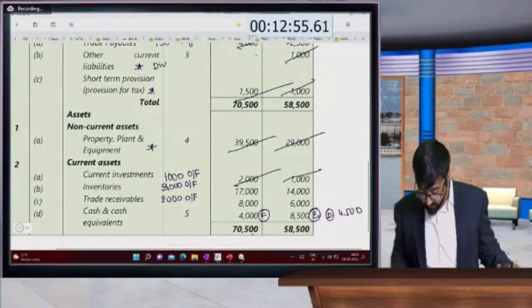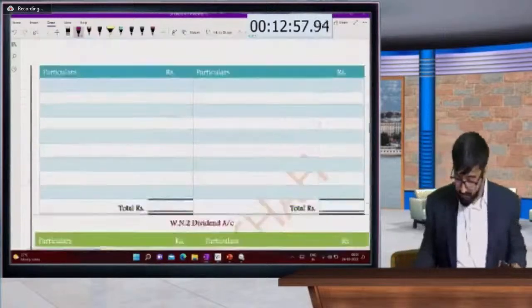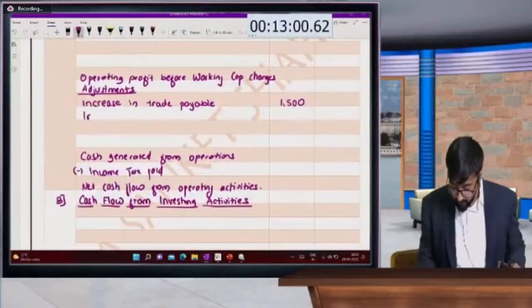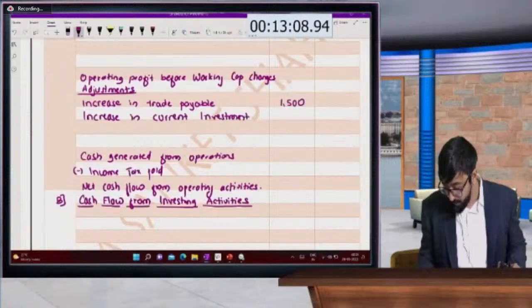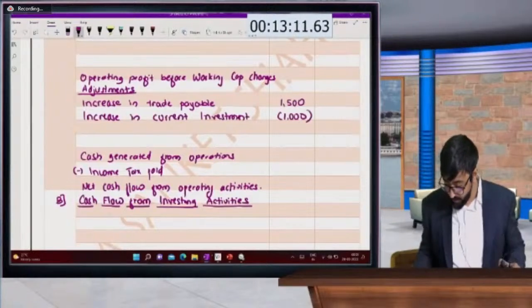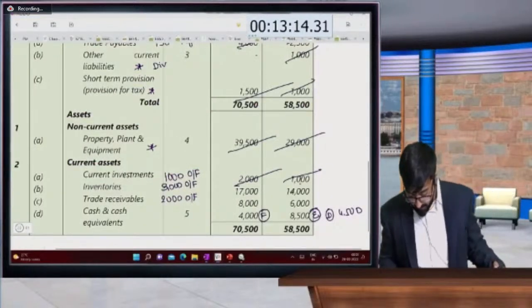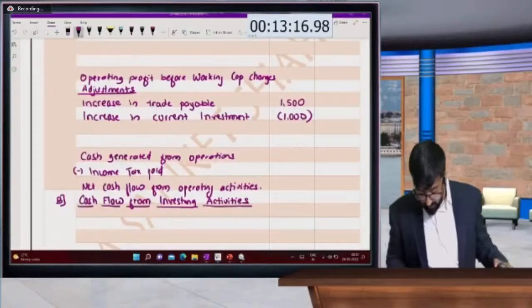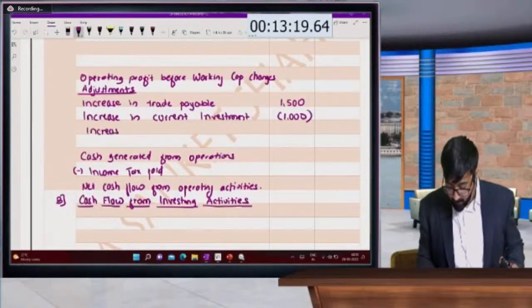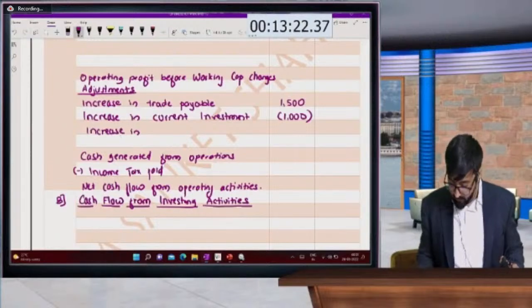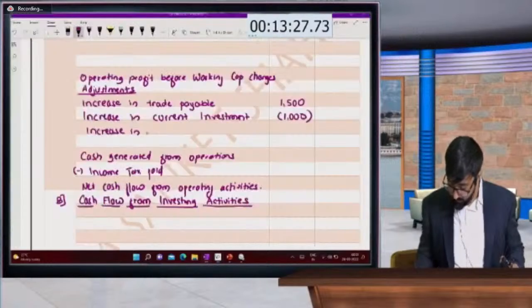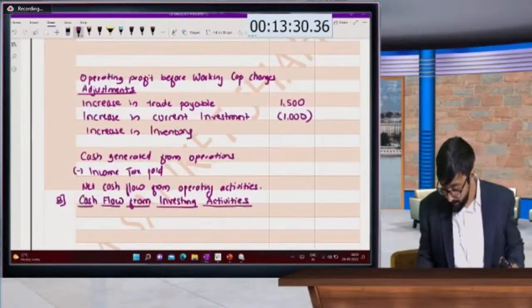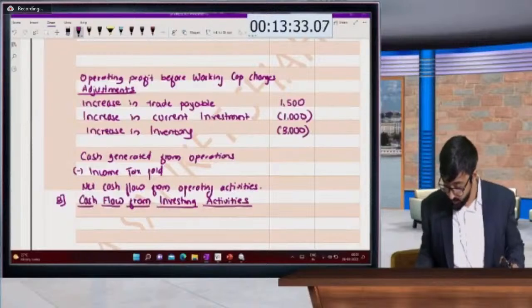Current investment, increase in current investment, $1,000. Increase in inventory, negative 3000.